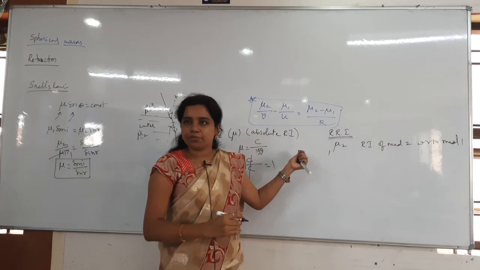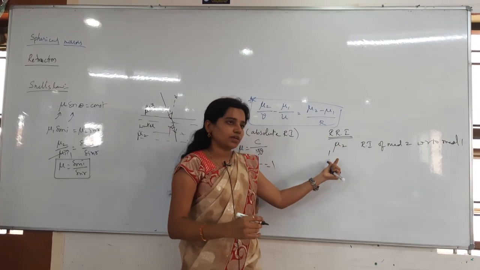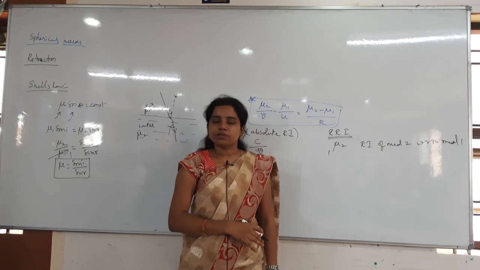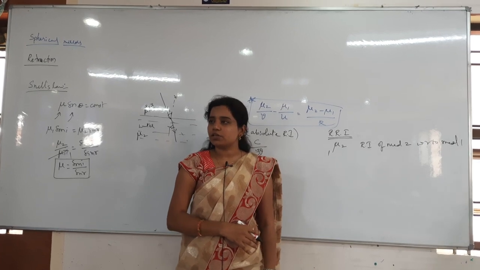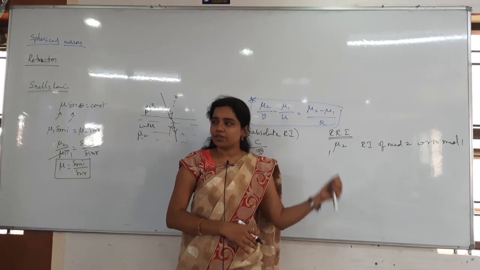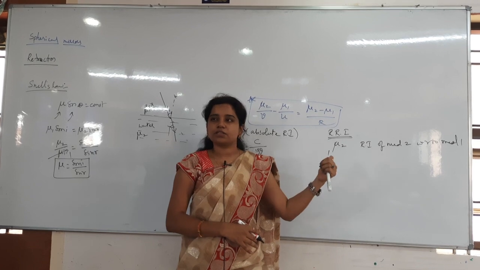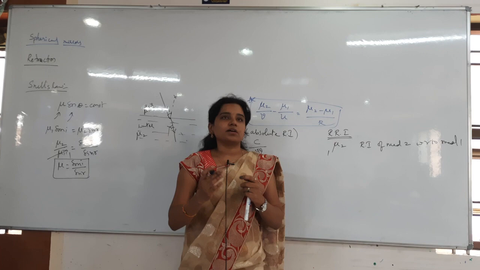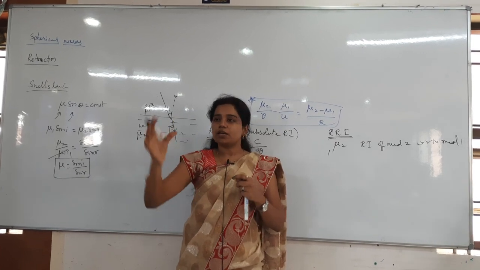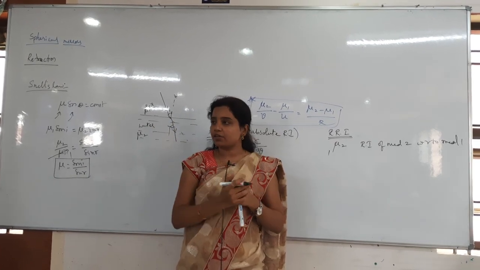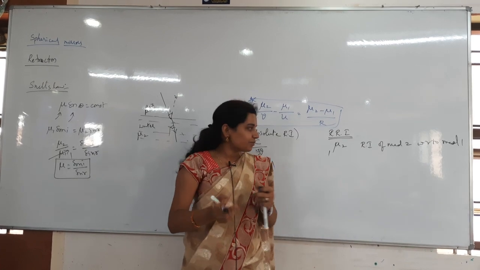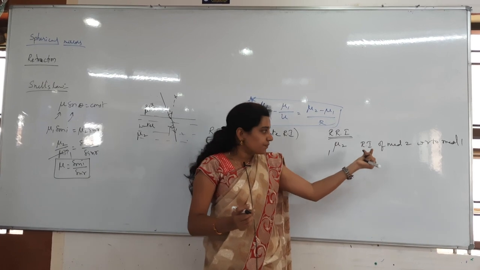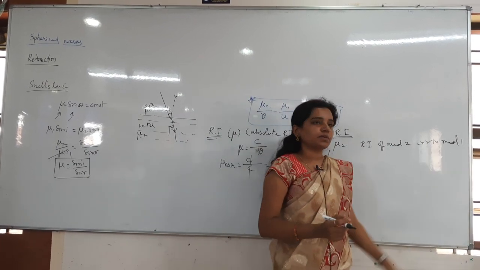That is what you have to remember mainly, don't confuse it. The same notation you will get in magnetism also. Whenever you come to the mutual inductance topic in the EMI chapter, you will get the same notation, capital M21, where you take the outer coil divided by the inner coil. Similarly here, the relative refractive index is mu 21, the refractive index of medium 2 with respect to medium 1.